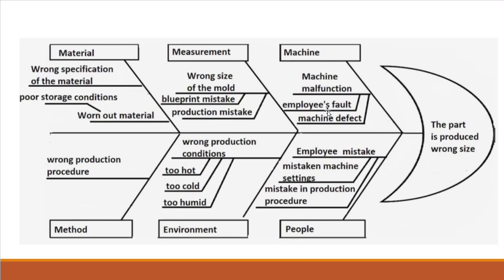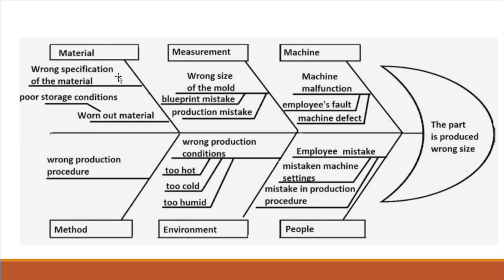Maybe because of the employee's fault, wrong setting from the employee, or machine defect, the machine itself. Or the measurement can be because of, these are the anak-anak dia, wrong size of the mold, acuan dia, because of the blueprint mistake or production mistake. Maksudnya daripada tulang yang main bone, we can go deeper and create a smaller bone here.